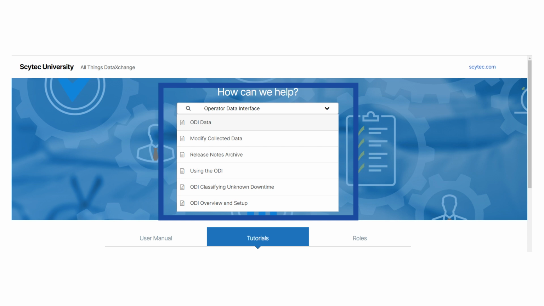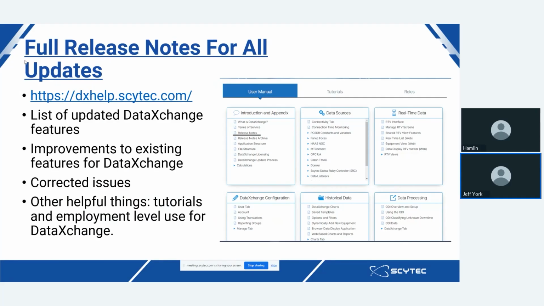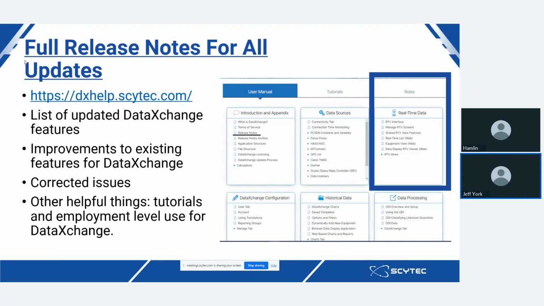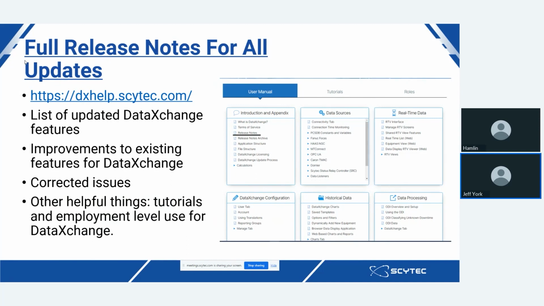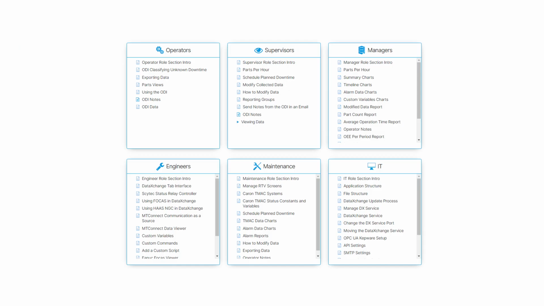A little search bar will then populate with whatever we have in terms of supplemental material for FAQs, videos, and help articles. And then over there on that far right third column under roles, depending on what your employment level is at your production facility, we have a breakdown of how Scytec DataXchange machine monitoring can help you out to your specific role.